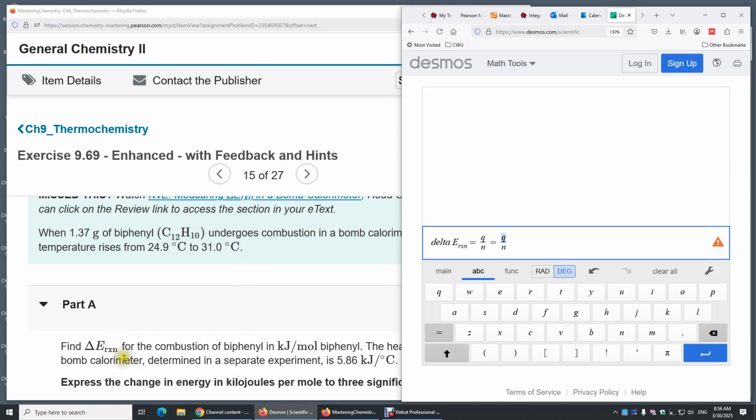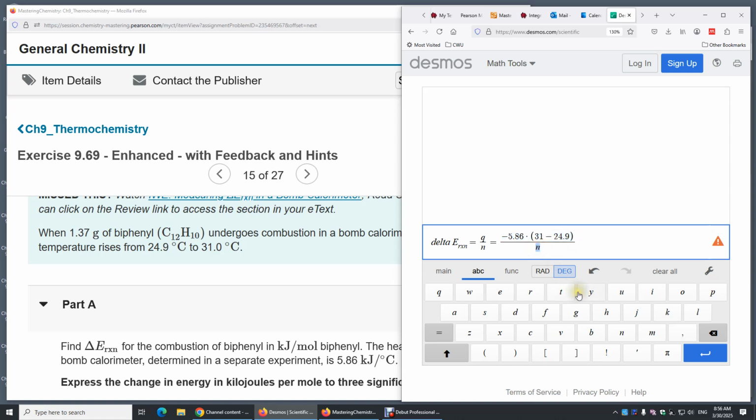So for the calorimeter, Q is positive. This is the heat capacity for the bomb calorimeter, and we have the temperature change. Again, on top we have a negative value because this is the amount of heat released from biphenyl, and it means biphenyl loses energy.